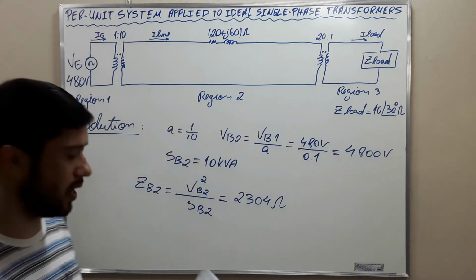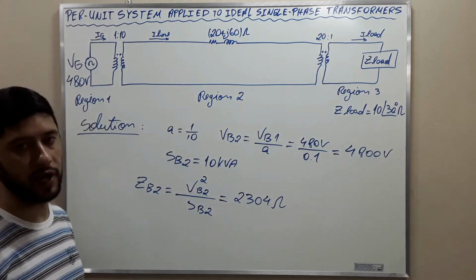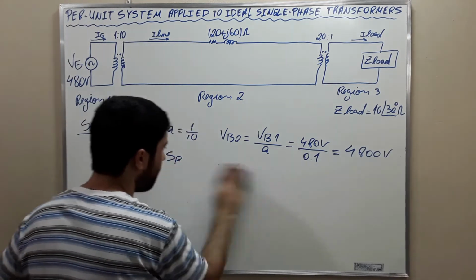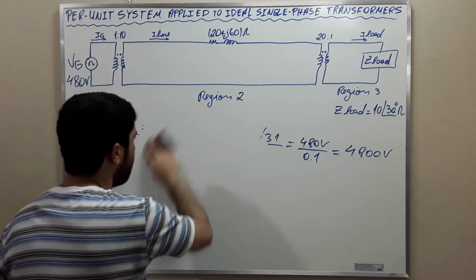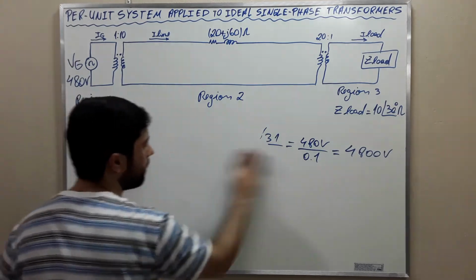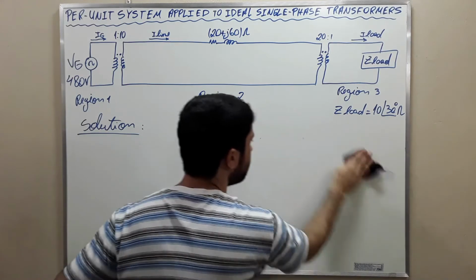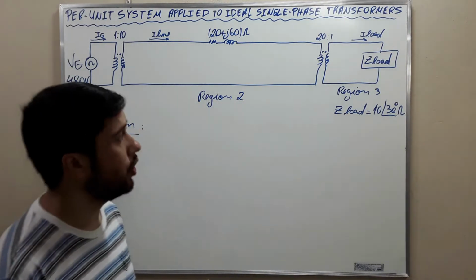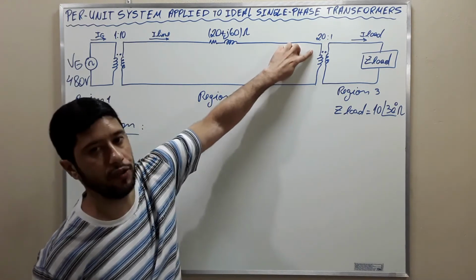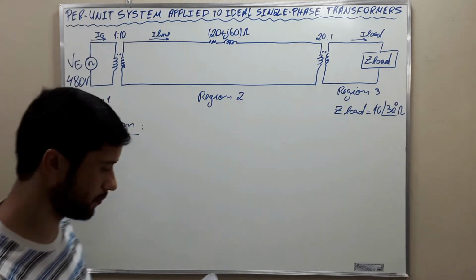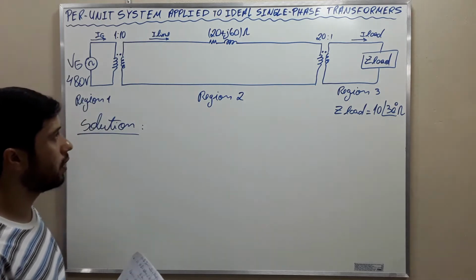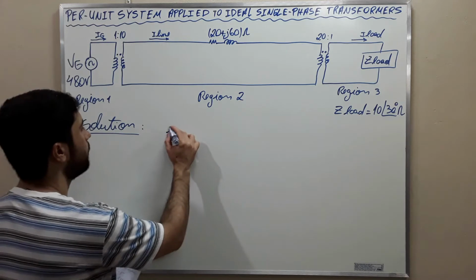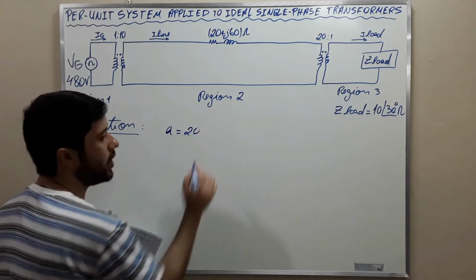To finish letter A, we need to find the base values for region 3. And again, we are going to consider the turns ratio of the transformer. The turns ratio of this transformer is a equal to 20.